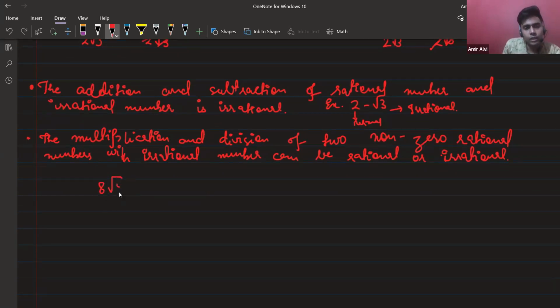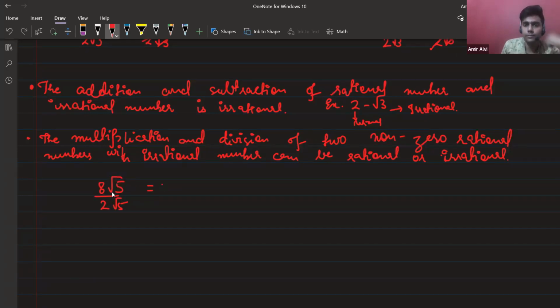8 root 5 divided by 2 root 5. Now Simrat, tell me what will be the answer? No, we just have to divide them.